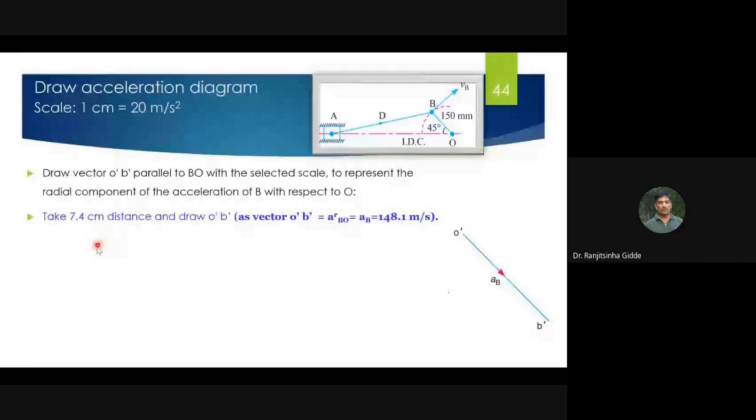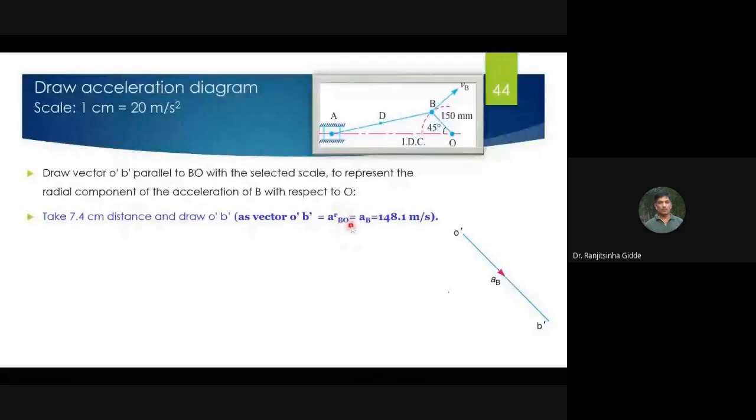So take 7.4 centimeter distance and draw O dash B dash, in bracket you can write vector O dash B dash is equal to radial component of acceleration BO is equal to AB is equal to 148.1 meter per second square. We have calculated this value. So towards the center.